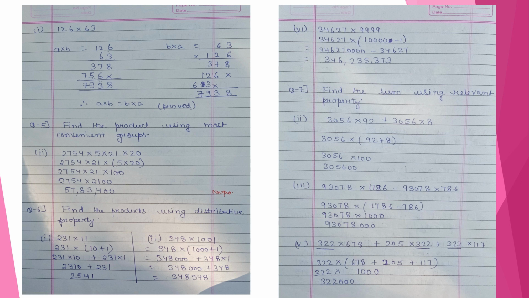So if we take 322 common from all the three terms, inside the bracket we will be left with 678 plus 205 plus 117. So we'll solve the bracket at first. We'll find their sum. Their sum is coming up to be 1000. So here we are getting 322 into 1000.